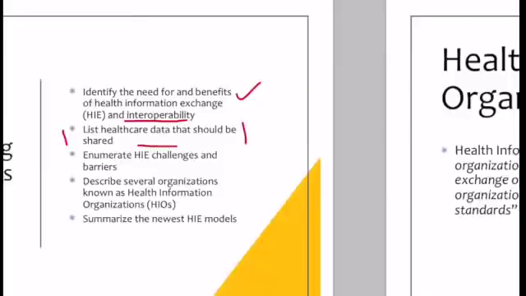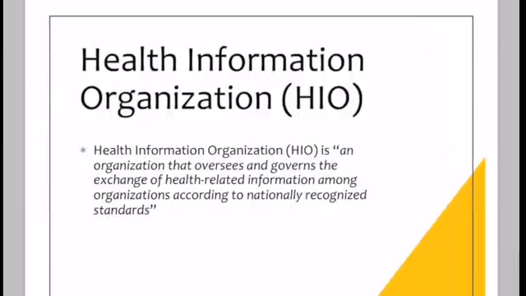So, starting with HIO, Health Information Organization. What is an HIO? Do you have any idea, if you have heard or written the word, or have any idea about HIO, just write on your paper before reading this definition.